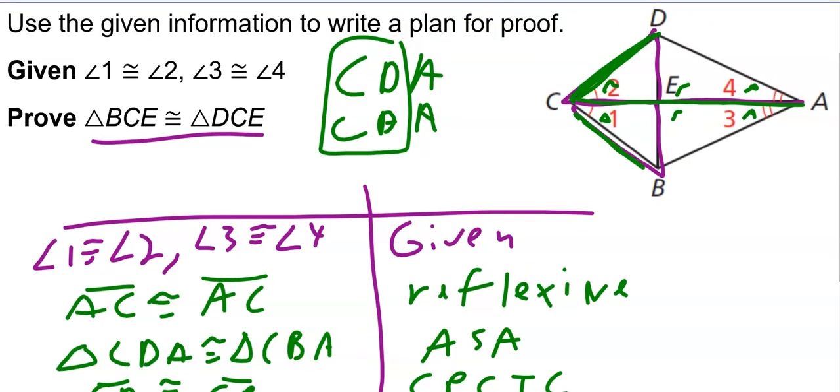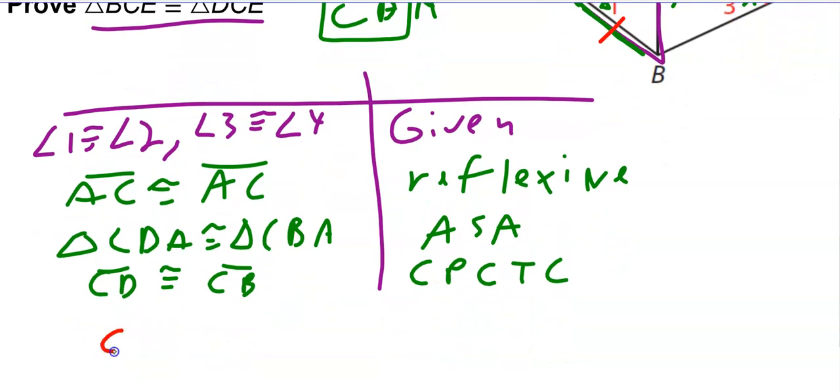Now, on the smaller part, we have said that this is equal to this. We know 1 and 2 are the same. And then also, we can say CE is equal to itself by the reflexive property.